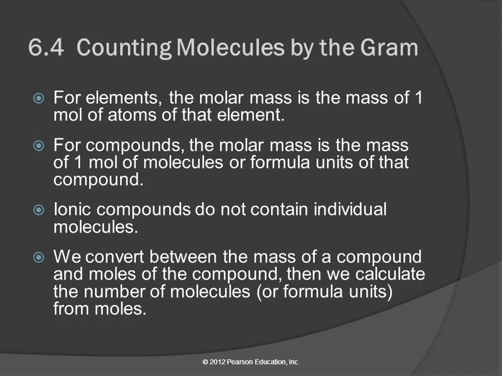We can't have molecules of the same compound that are all different sizes. It's not useful for calculations. And so we look at the formula unit, the lowest ratio of the ions, when we talk about stuff like that. But for the molecular compounds, we're doing molecules.